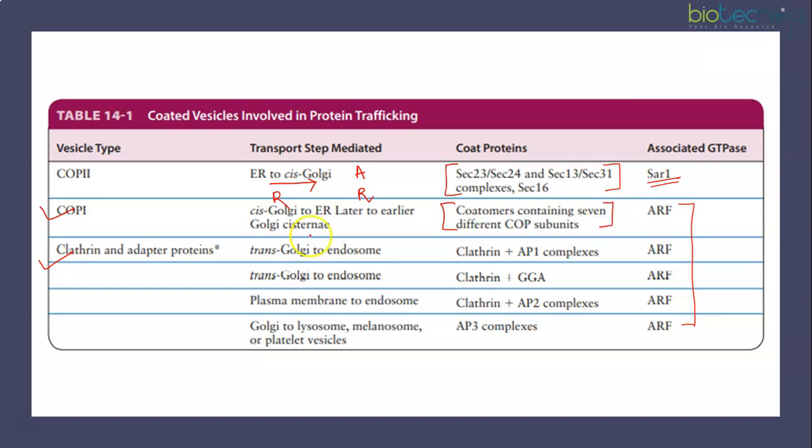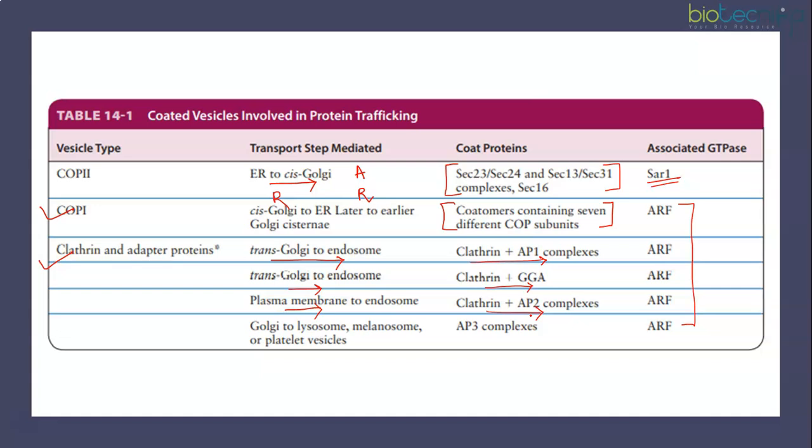For clathrin and adaptor proteins, we have trans-Golgi to endosome catalyzed by clathrin and the AP1 complex. Trans-Golgi to endosome can also be catalyzed by clathrin and the GGA sequence. And as I told you, it can also originate from the plasma membrane. If it is from the plasma membrane to endosome, it is clathrin plus the AP2 complex.